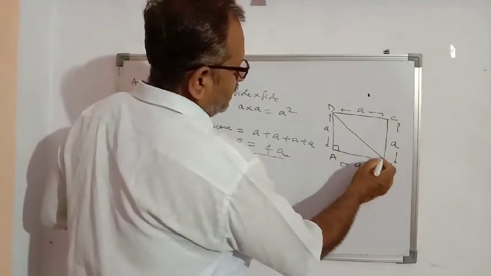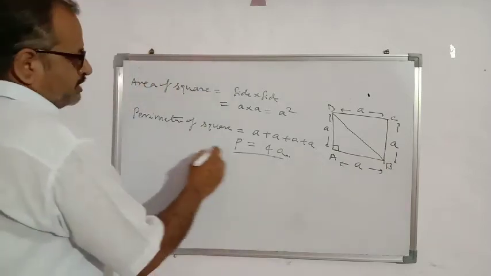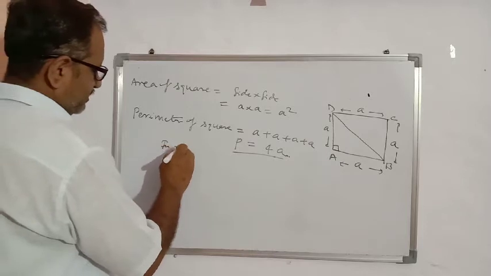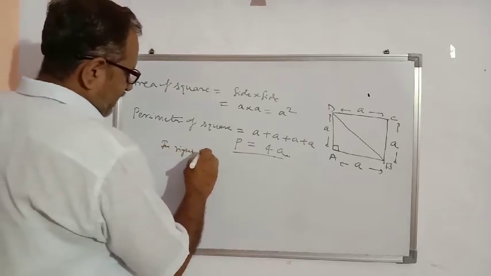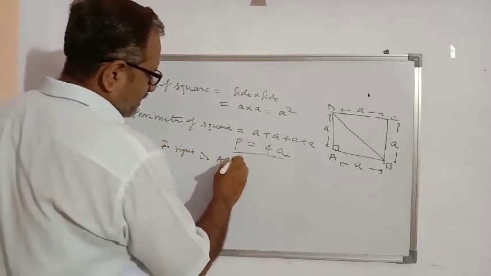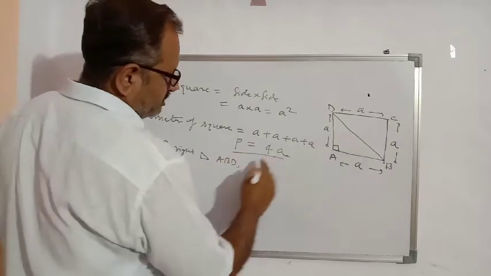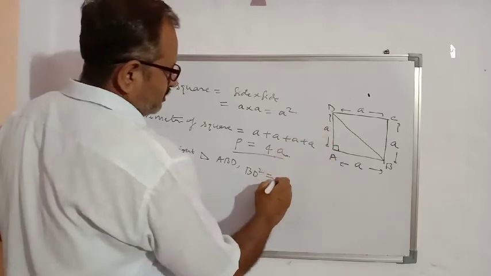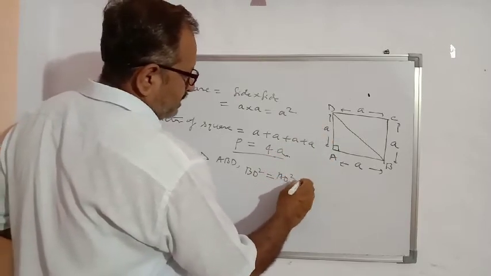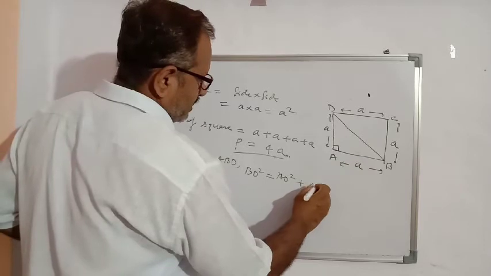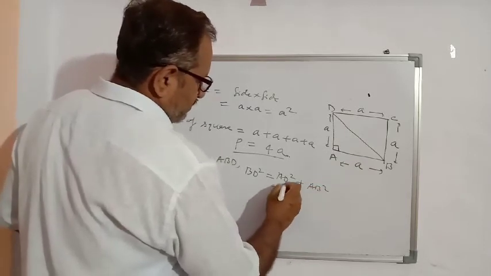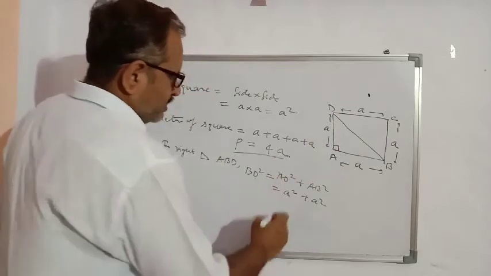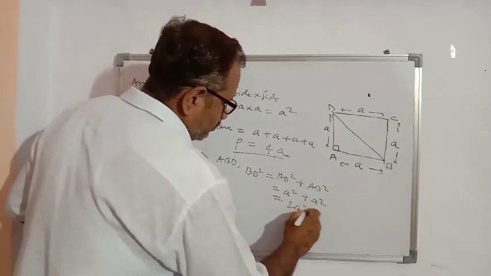Join the diagonal BD. So in right triangle ABD, by Pythagoras theorem, we can write BD square is equal to AD square plus AB square. What is AD? A square plus A square, it is 2A square.